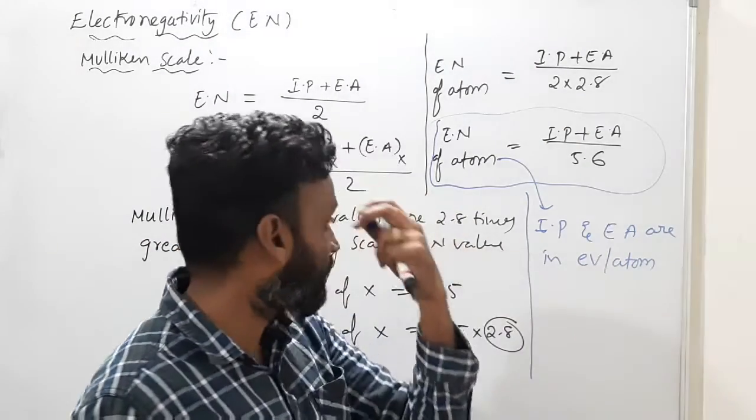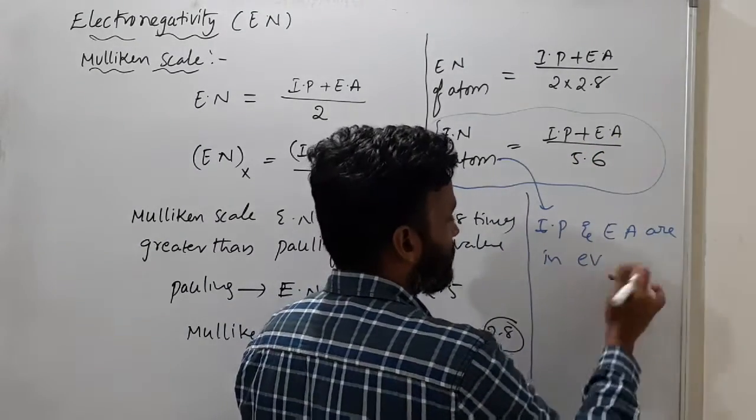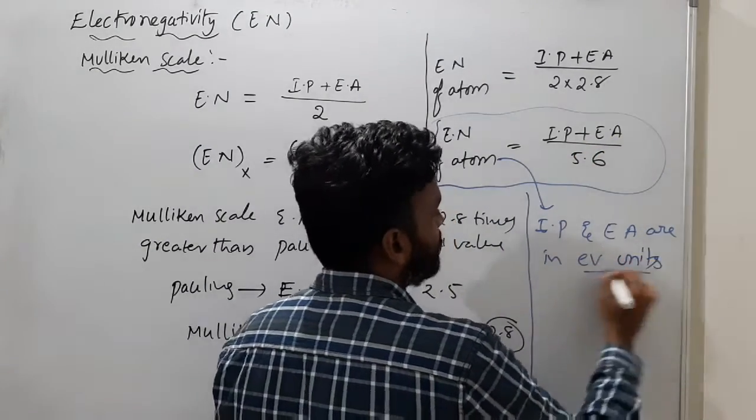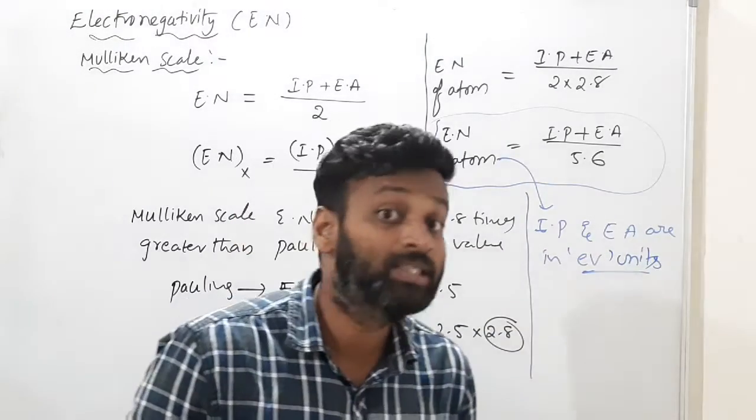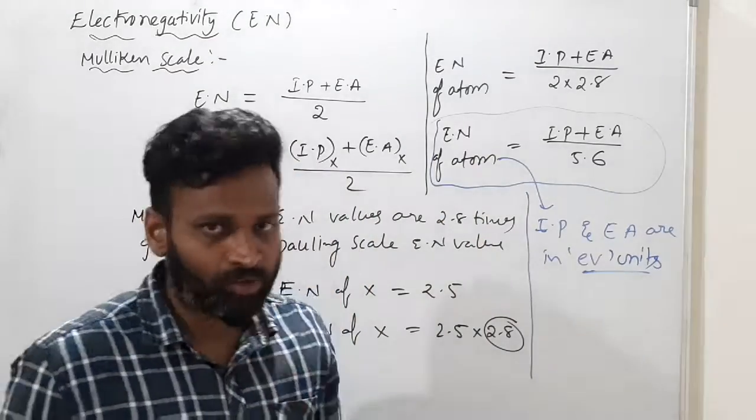Understanding? So IP and EA are in electron volt units. Electronegativity doesn't have units.